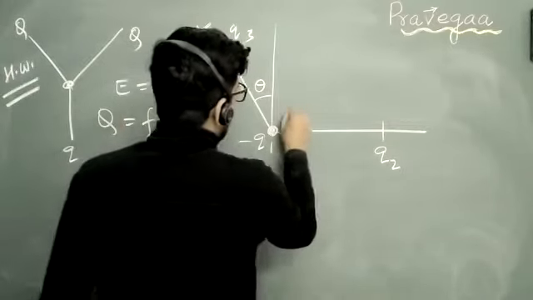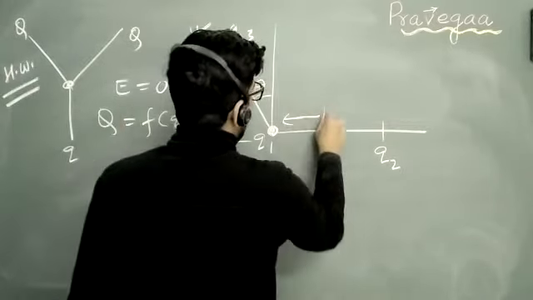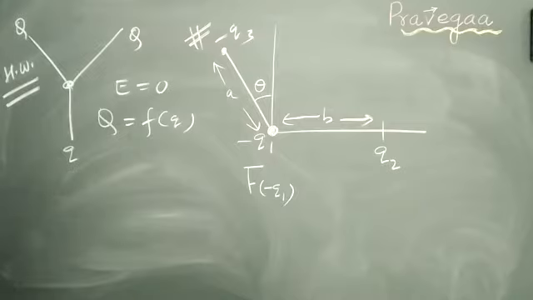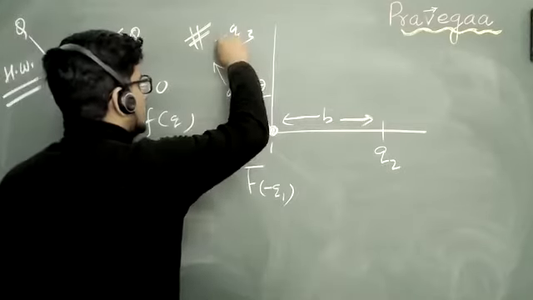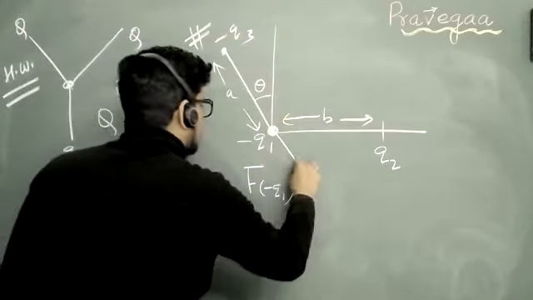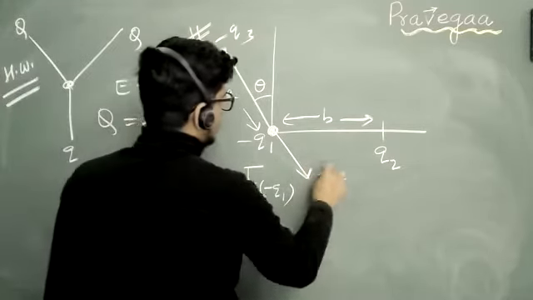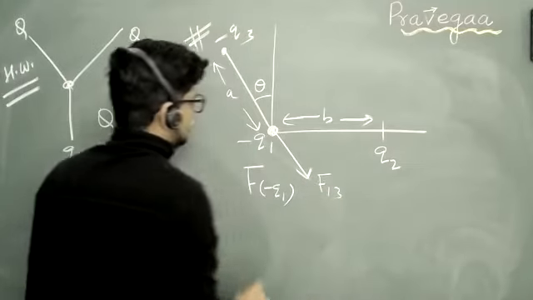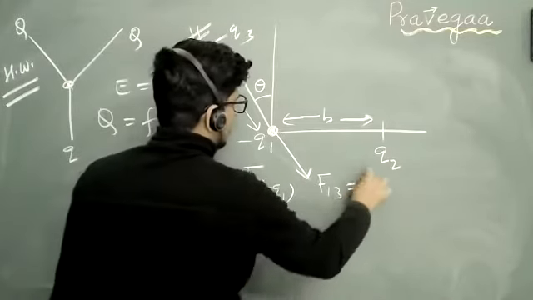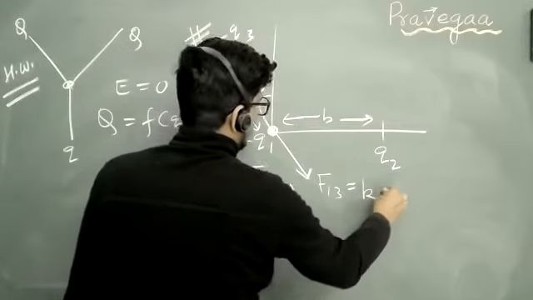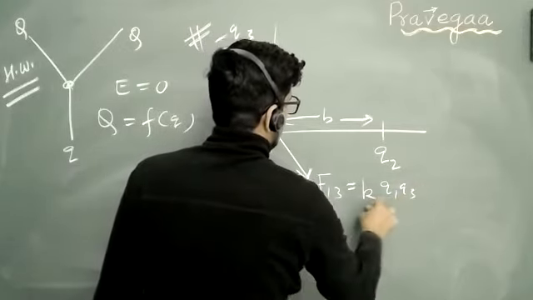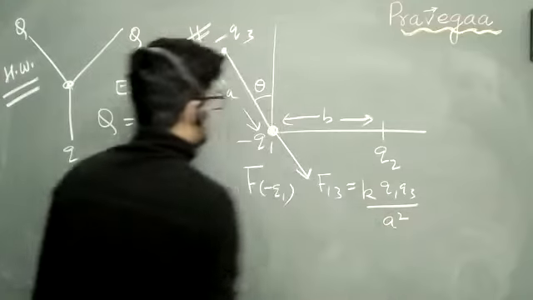This distance is given to be B, and this distance is given to be A. So first of all, force due to this will be in this direction. What will be this force on 1 due to 3? It will be K Q1 Q3 by A square.